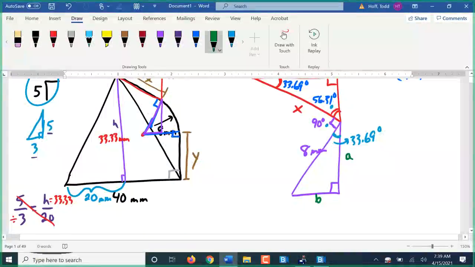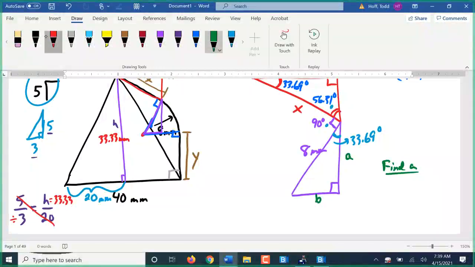Find A first. Well, according to my angle up there, the 33.69, A would be the adjacent side. 8 would be the hypotenuse. I have to use the 8 because that's the only side that I know. Adjacent and hypotenuse makes up a cosine.